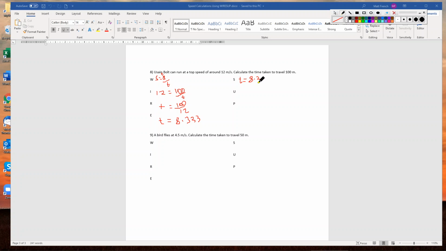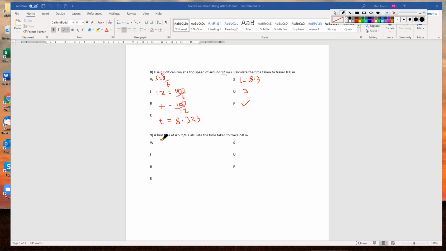The units, well, we had a speed in meters per second and a distance in meters. So that's going to end up giving us a unit of seconds, 8.3 seconds. Is that plausible? Well, it's a little bit faster than the world record, isn't it? But don't forget that Usain Bolt doesn't start at 12 meters per second. He has to do some acceleration to get there. So, yeah, I think that's pretty plausible.